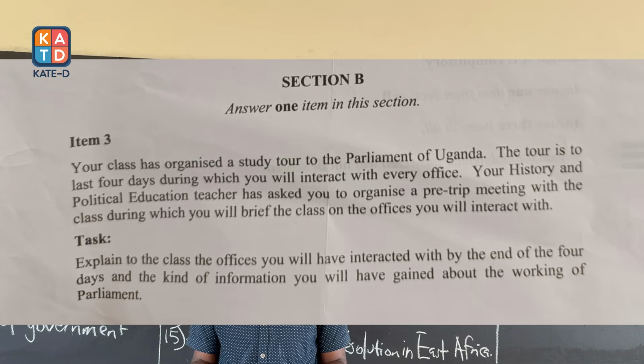Your history and political education teacher has tasked you to organize a pre-trip meeting with the class, during which you brief the class on the offices you will interact with. Task: explain to the class the offices you will have interacted with by the end of the 4 days and the kind of information you'll have gained about the working of the Parliament.